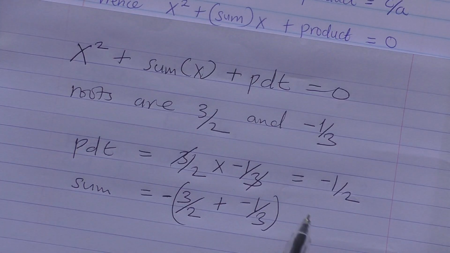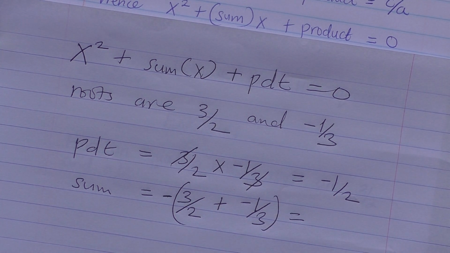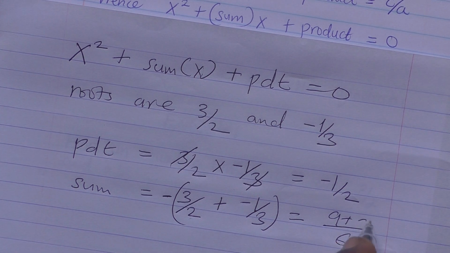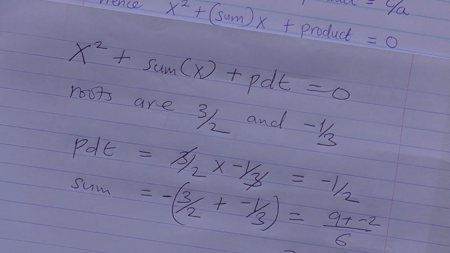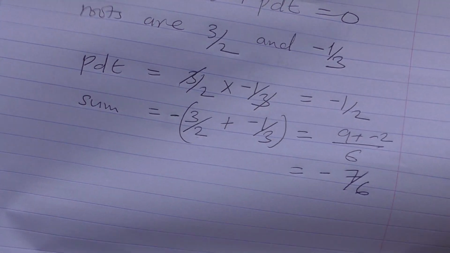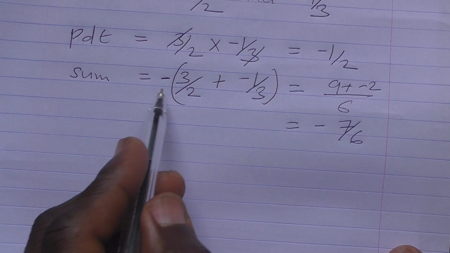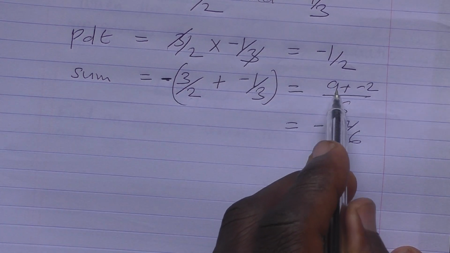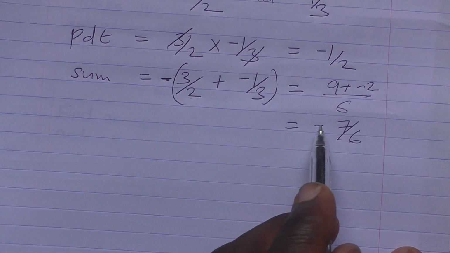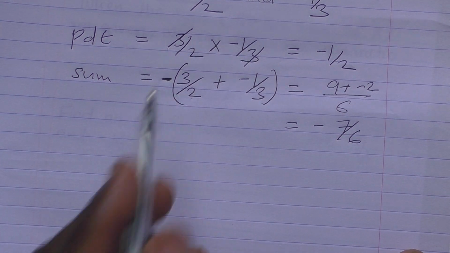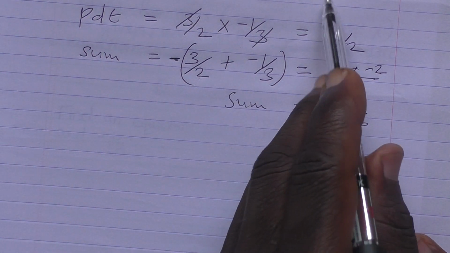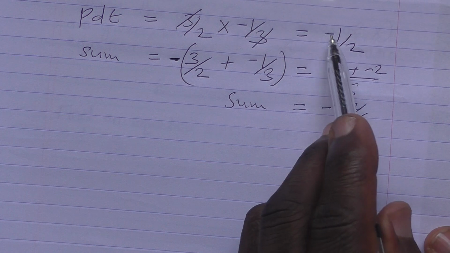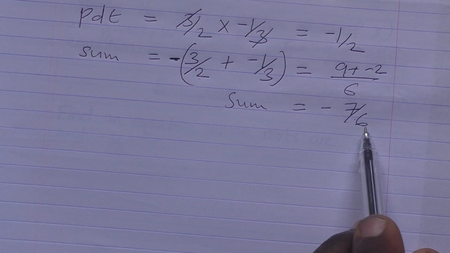So that gives us, when we add, the LCM is 6, this is 9 plus negative 2, which is negative of 7 over 6. So after getting that, why negative? Because of this negative. This gives us 7 over 6, but the negative is because of this. So we now have our sum and we have the product. The product is negative a half, the sum is negative 7 over 6.